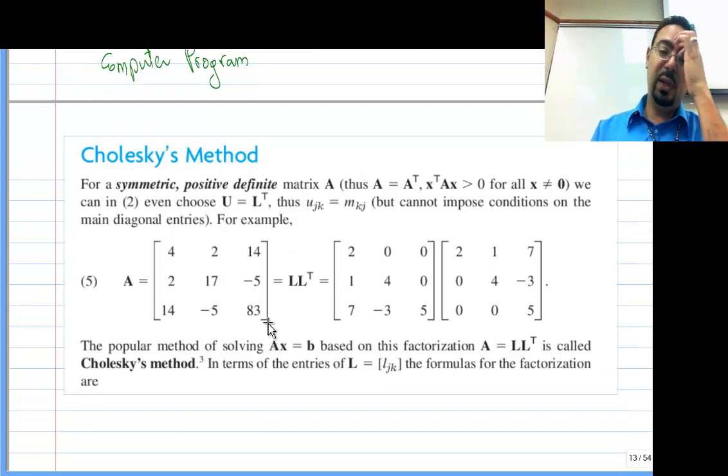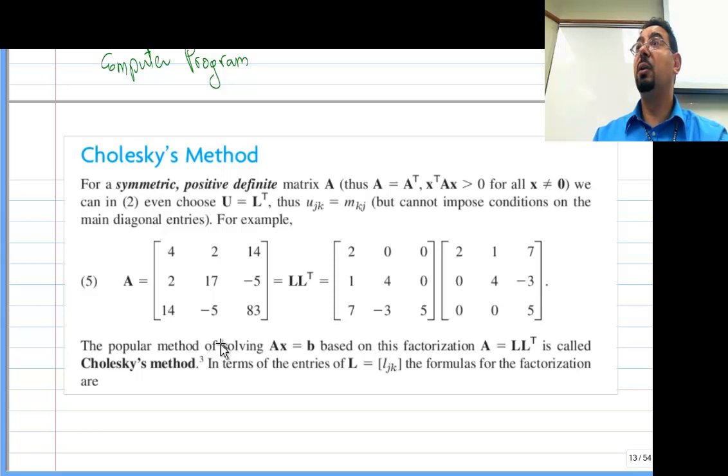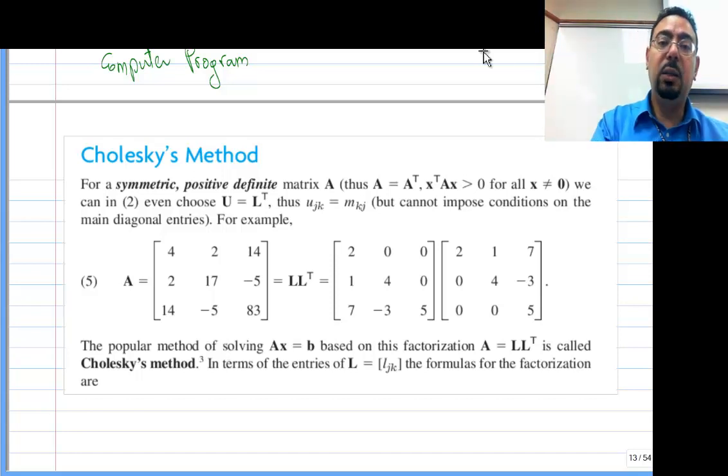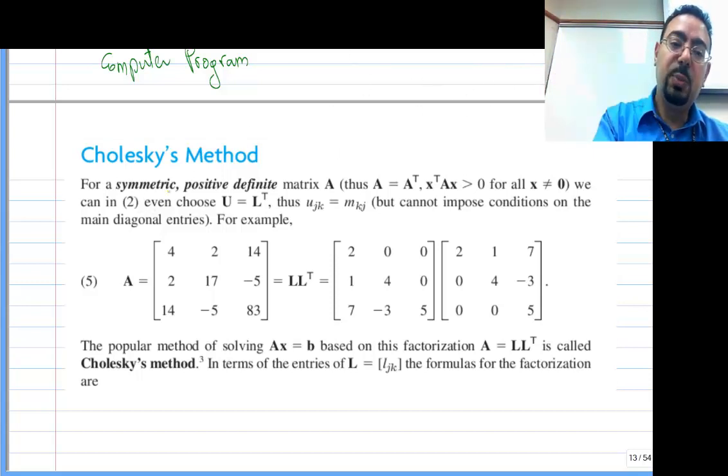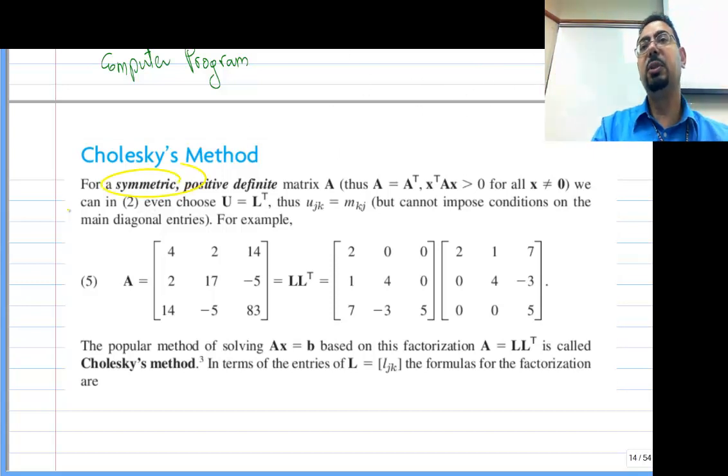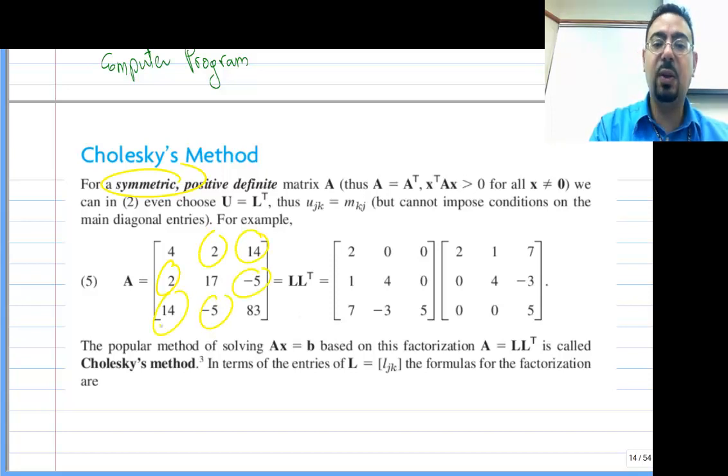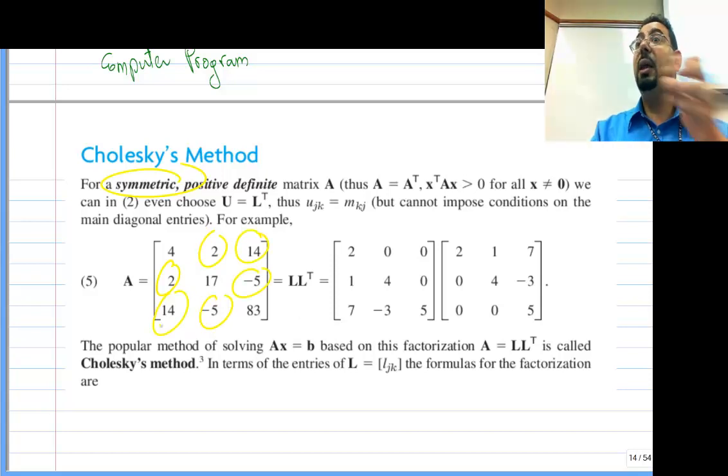So now, if the matrix A that we want to use to solve for x happens to be symmetric, positive definite, look at this: 2 and 2, 14 and 14, minus 5 and minus 5.